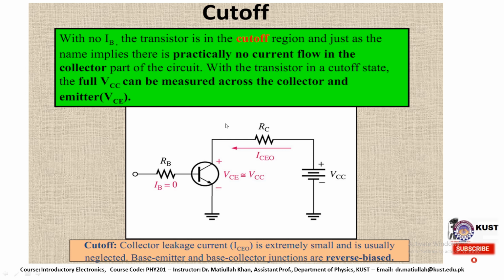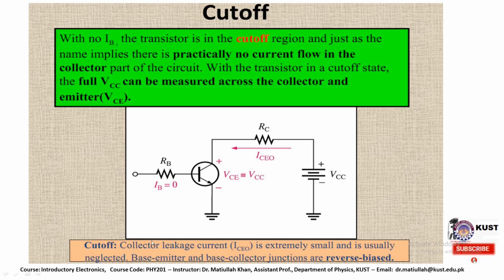With the transistor in a cutoff state, the full VCC can be measured across the collector and emitter, that is VCE. So there is almost practically no current in the collector part of this BJT.